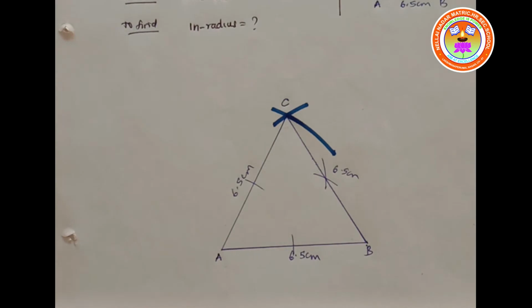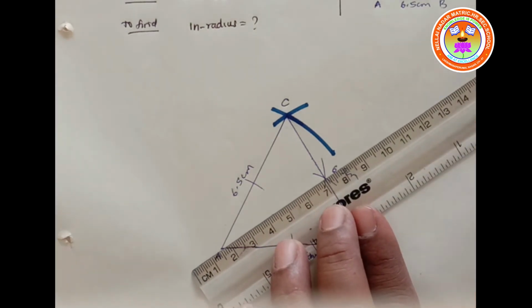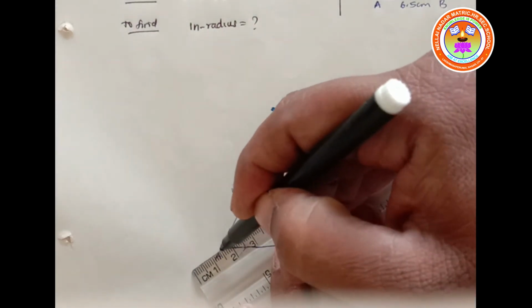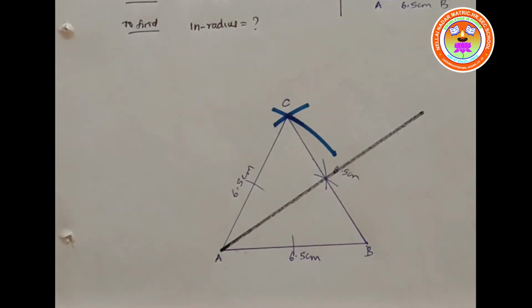Now you are going to draw the angle bisector. Two angles, from B and from A. From A, draw a line. Is it clear, children? And in the same way from vertex B, take any radius.